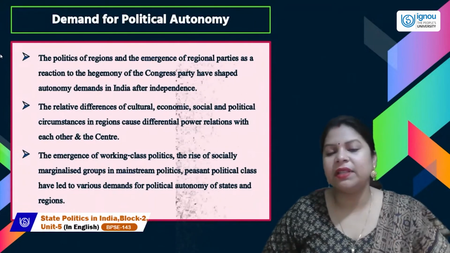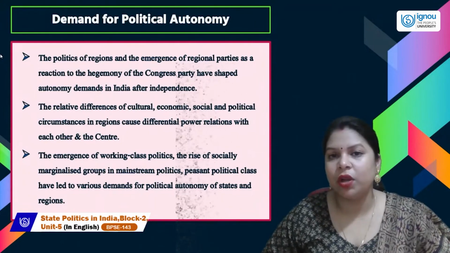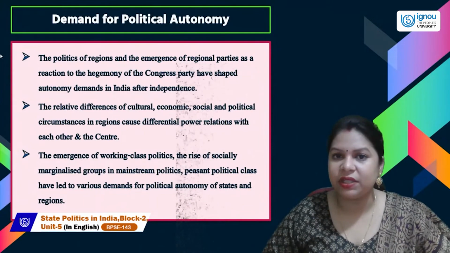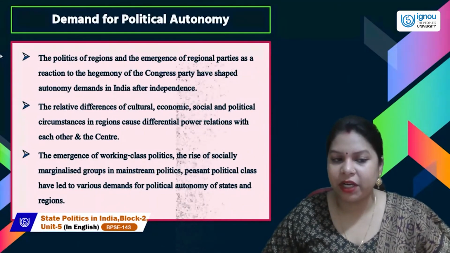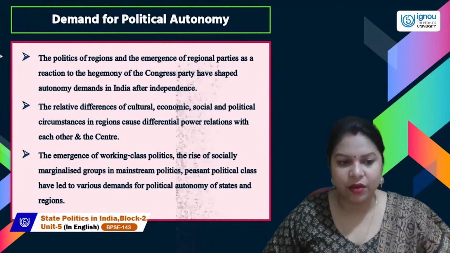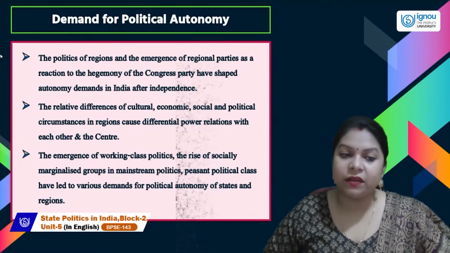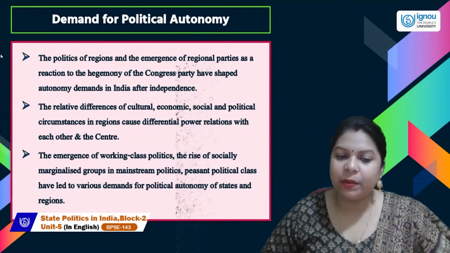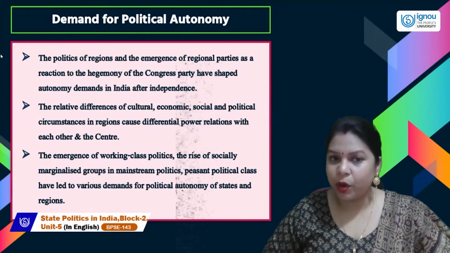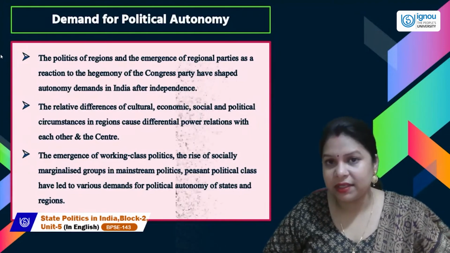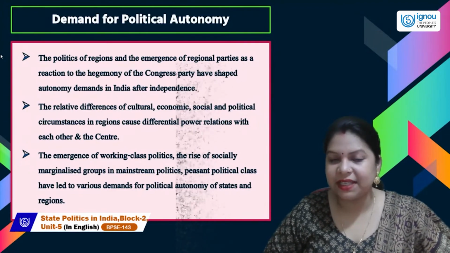The relative differences of cultural, economic, social, and political circumstances in regions caused differential power relations with each other and the center. There was an emergence of working class politics, and the rise of socially marginalized groups in mainstream politics. The peasant political class led to various demands for political autonomy of states and regions.